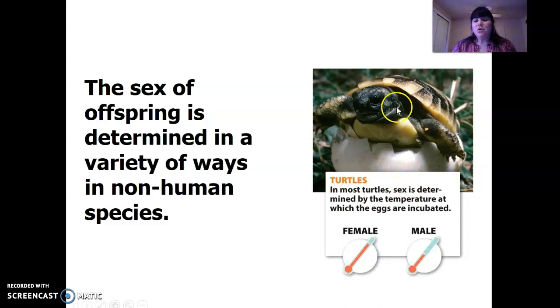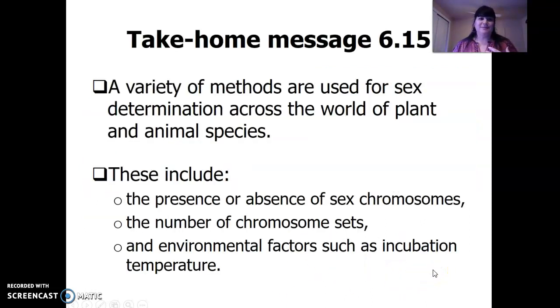It says, in most turtles, sex is determined by the temperature at which the egg is incubated. Because if you remember, they lay eggs in the soil, and depending on the temperature, certain genes are turned on or not, and then the batch of embryos become male or female. So if it's warmer, they become female. If it's not, they become male. What? Yes.